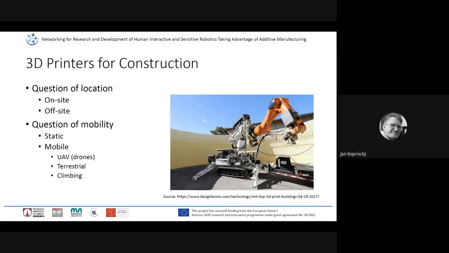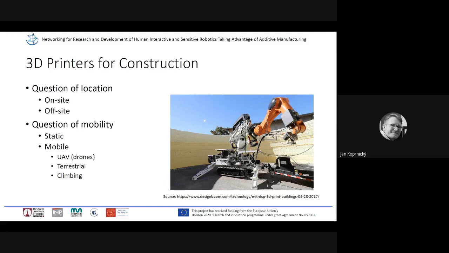So in a company hall or in a factory, prefabricated, and then carry this already printed house to the specific place by some kind of transport. So the question of on-site, off-site. Then what is also not solved, or not required on table 3D printers, is the question of mobility.